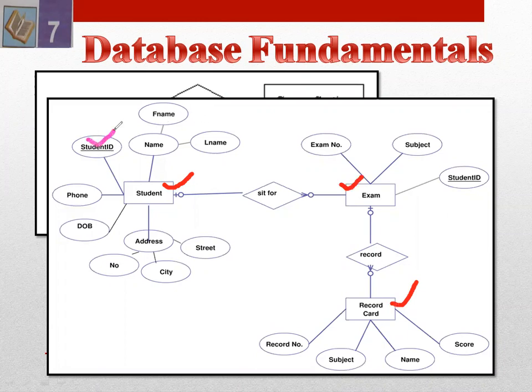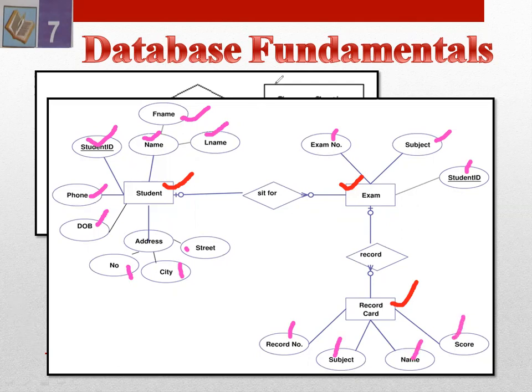The student ID, this is a primary key, and the attribute is the name of the column. Phone number, student name, father name, last name, date of birth, address, street, city, all these are attributes. And here in the exam we have student ID, subject, exam number, and in record card we have record number, subject, name, and here we have score.